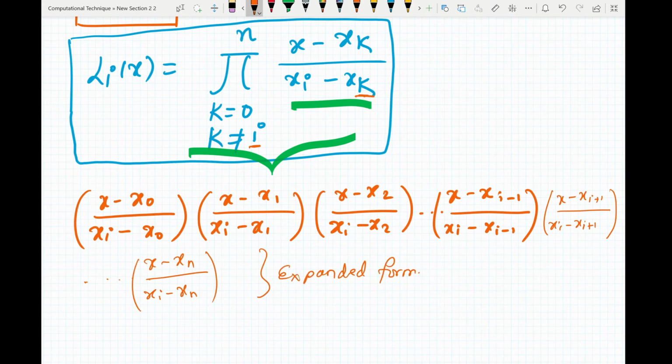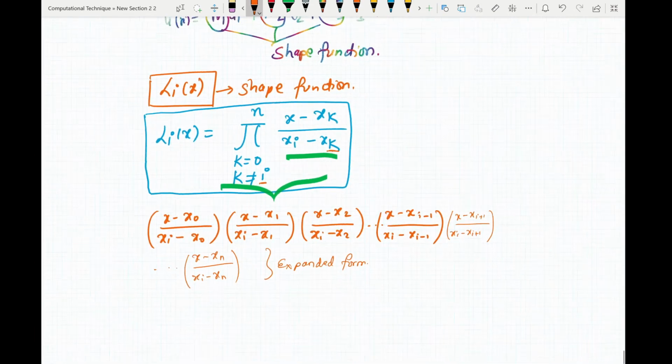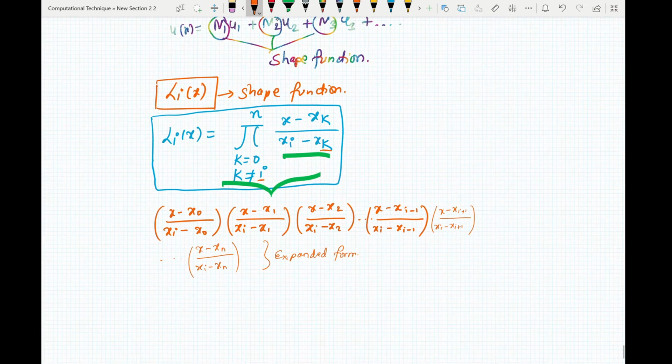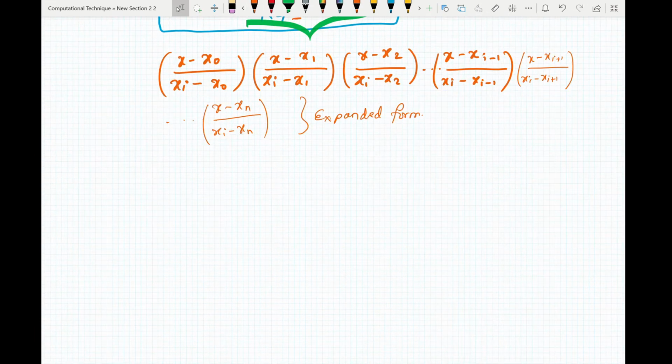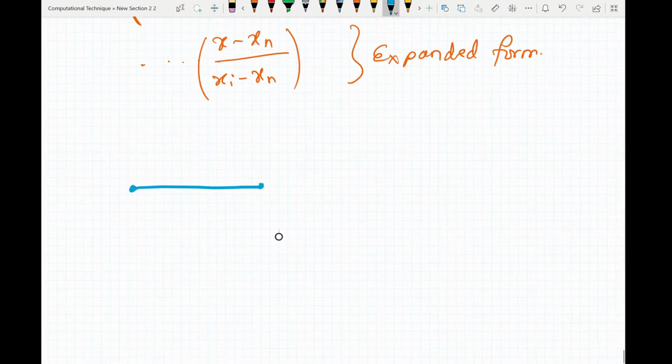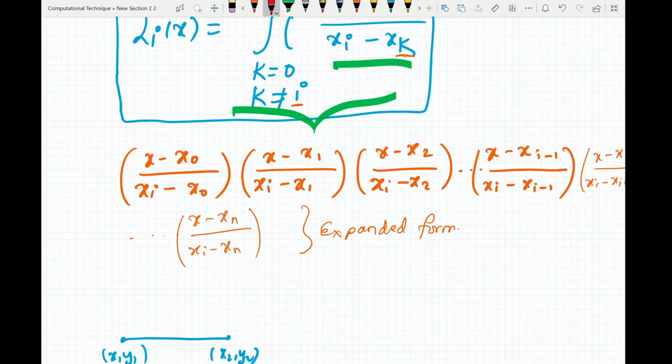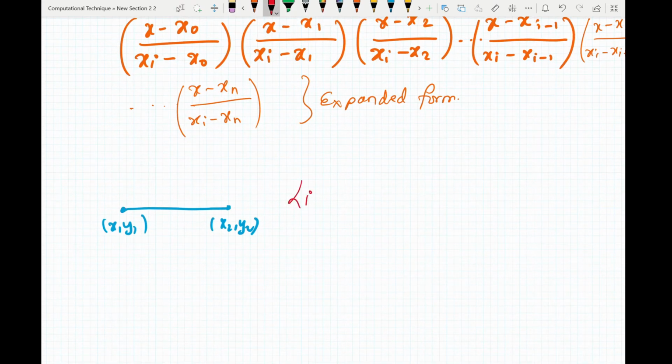Now let's try using this to obtain the shape function of a bar element. What we have for a bar element is this one is x1 y1, and this one will be x2 y2. We'll use our Li(x) equals the product.